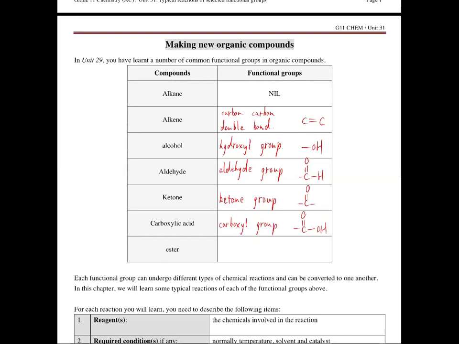It's a little bit similar to the hydroxyl group for alcohol. We change the name a little bit because of the OH. And then the last one is the ester. For ester, remember the functional group is like this, and we just call it ester group.